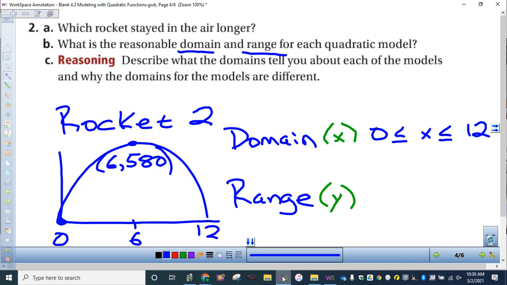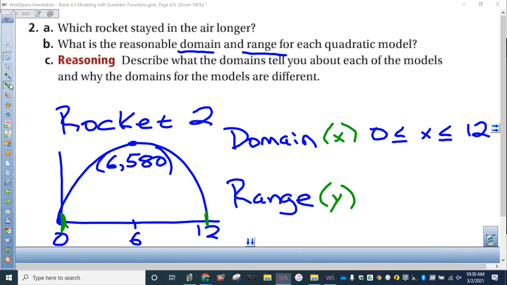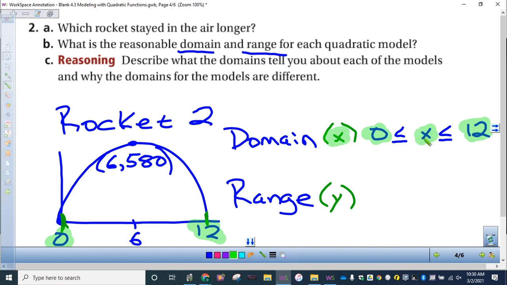Okay, so if we're talking about domain, we went from 0 to 12. I took this 0 at the beginning, I took the 12 at the end. Domain is x, the x in the middle, it's always less than or equal to.